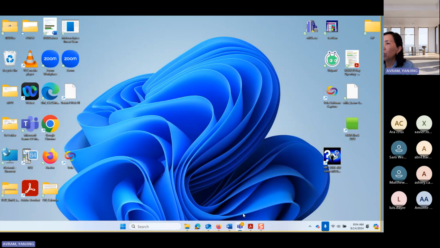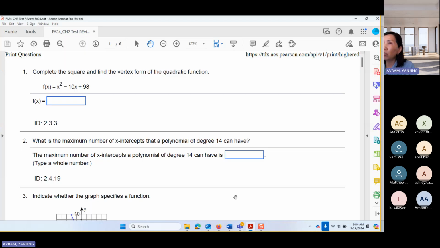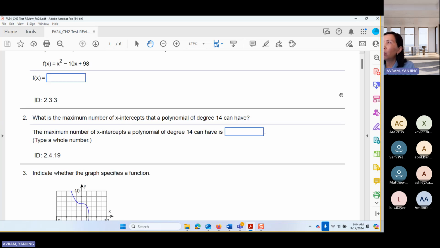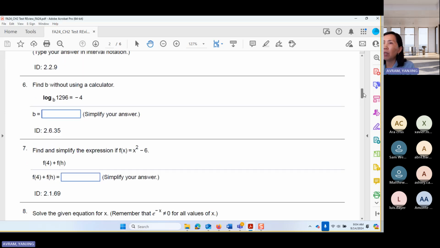All right, so we don't have time to go through every section in little detail, but I think the best way to review this is to go through the entire chapter review. This one is in a little bit random order, but pretty much covers every section.